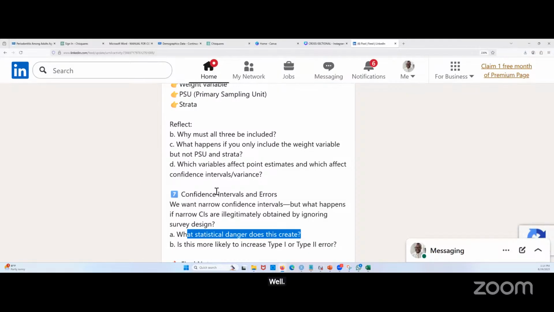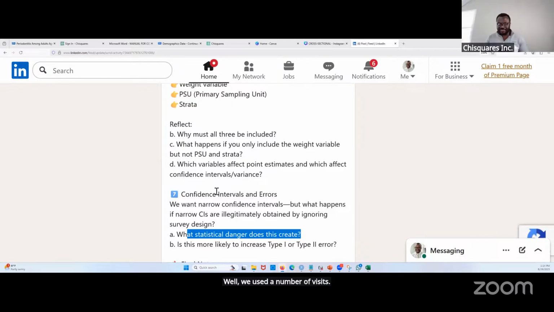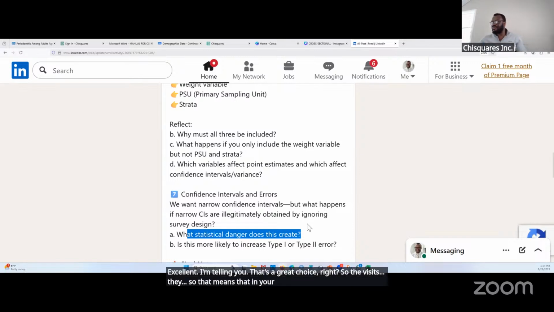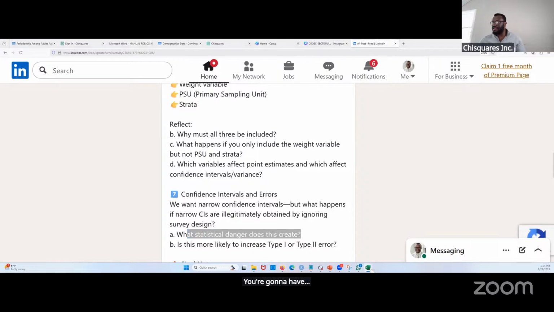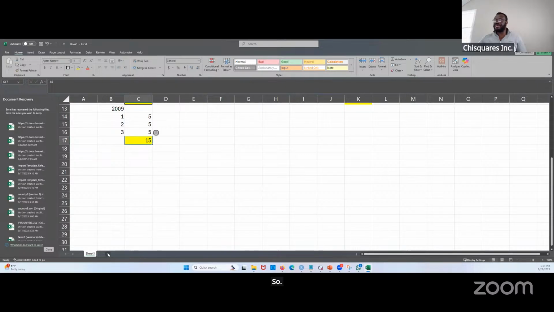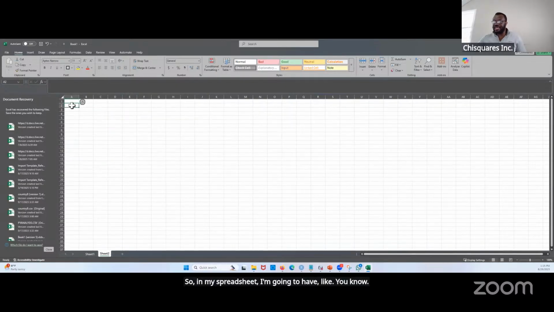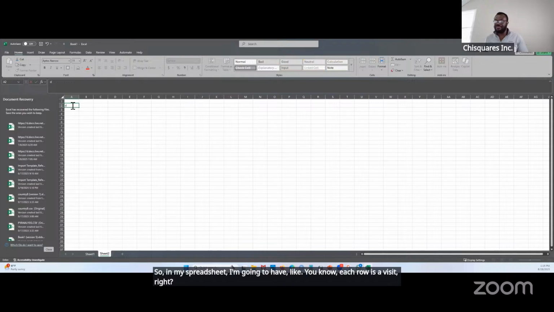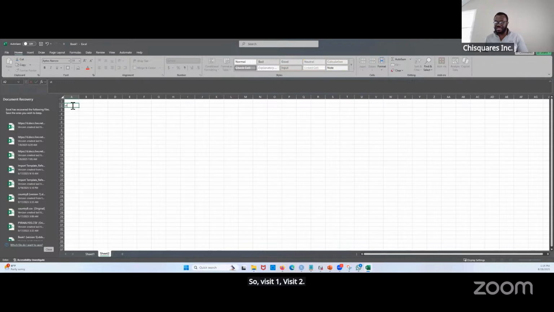Well, we use the number of visits. Excellent. We use the visits. That's a great choice, right? So that means that in your spreadsheet, each row is a visit, right? So visit 1, visit 2.